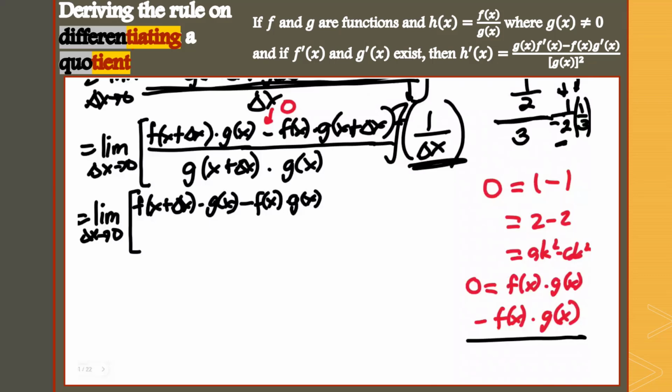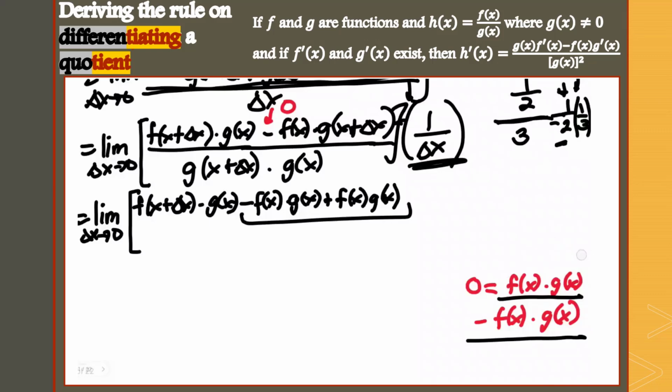Now I'm adding minus. I'm going to add the positive to neutralize that: f of x, g of x. This is entirely equal to 0. Okay, so it doesn't matter. We're not changing the value, but we are introducing that to formally factor. Okay, I'm going to erase this, leaving this alone, because I still need to write here minus. Let me erase this notation here.